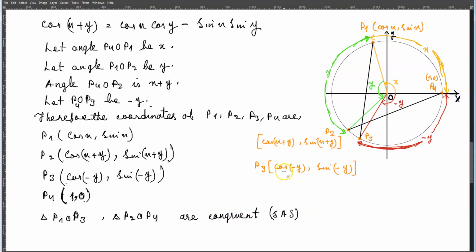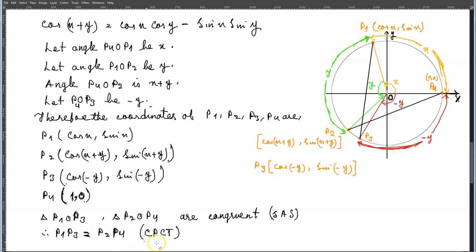And what that means is that P1P3 is equal to P2P4, and this is called CPCT, meaning corresponding parts of congruent triangles.